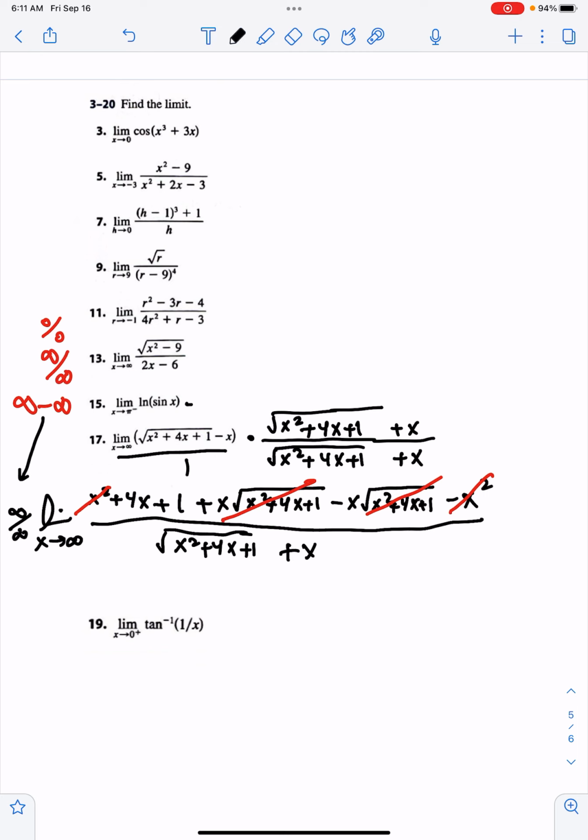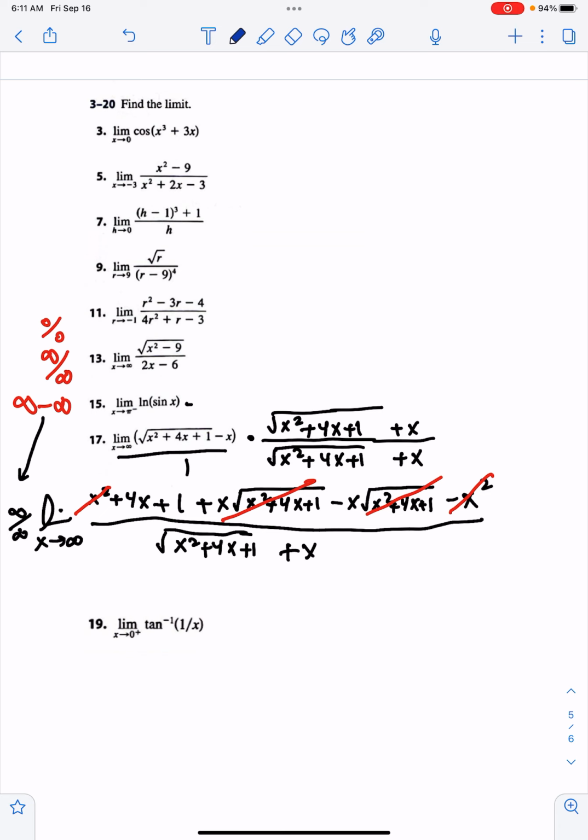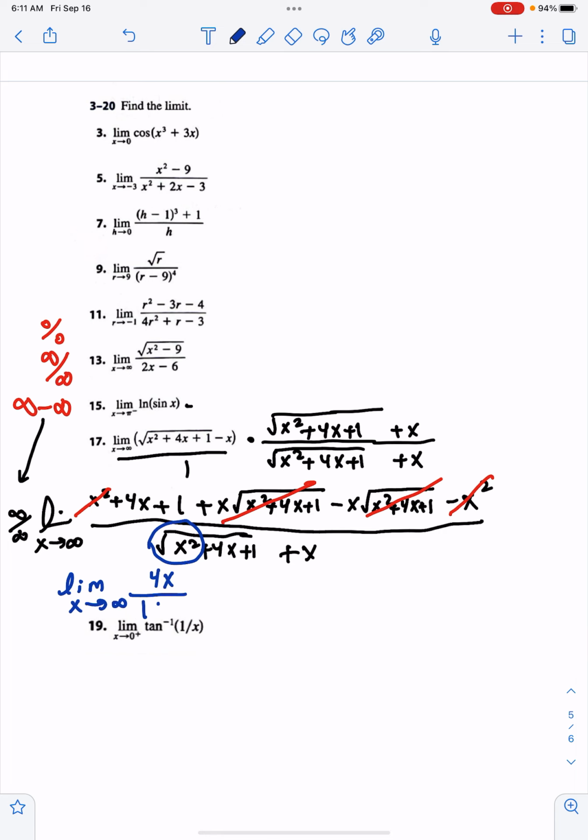So this one is easier to get rid of. What you do is you write limit as x goes to infinity of the leading term on top, that's 4x. The leading term on the bottom is basically radical x squared, which is absolute value of x, plus x.